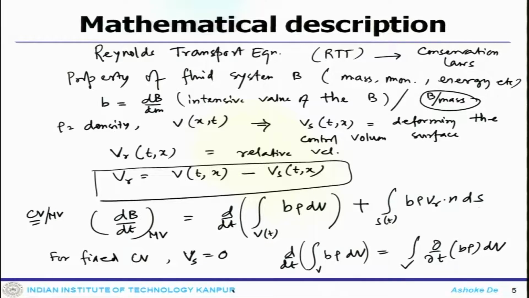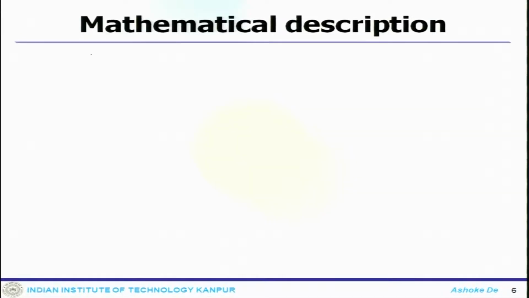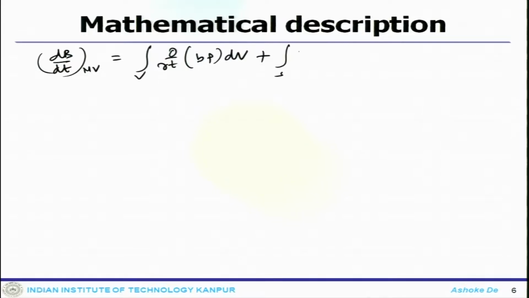Now, this particular equation then simplifies to dB by dt over the material volume equals the volume integral of del/del t of b rho dV plus the surface integral of b rho V dot n dS.